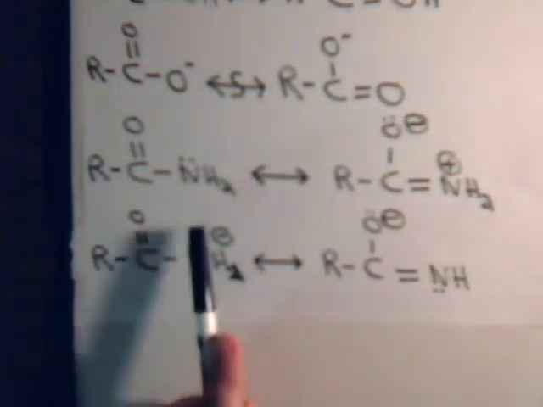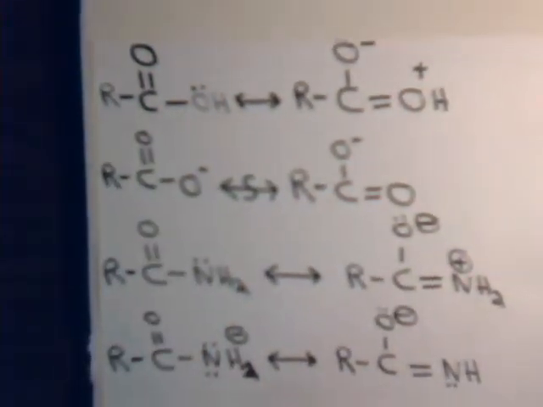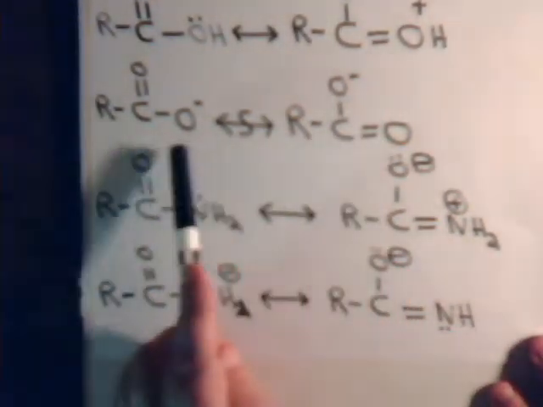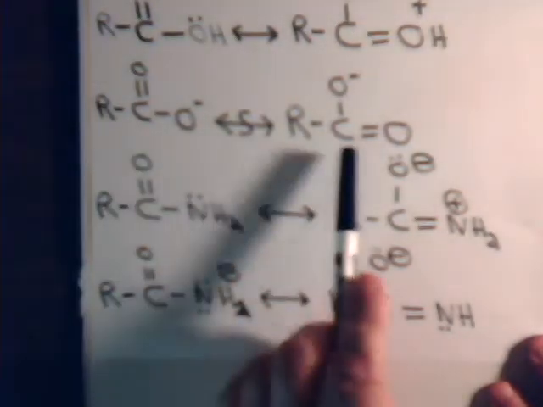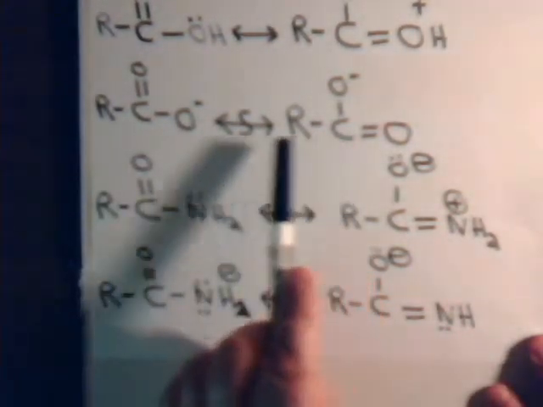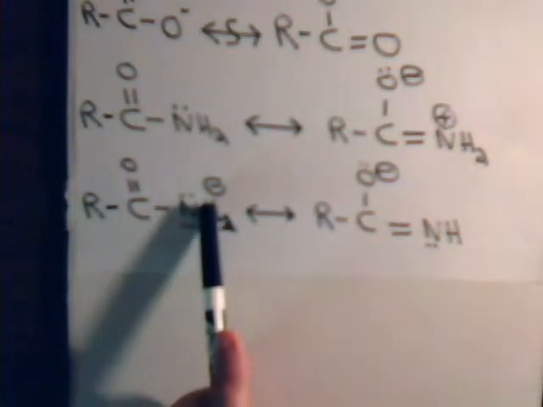So that's one reason then why the amide is less acidic compared to the carboxylic acid. The other reason is we have this symmetry in this resonance here, in these canonical forms, and that makes a particularly strong resonance system. Here, for the amide, we do not have that symmetry.